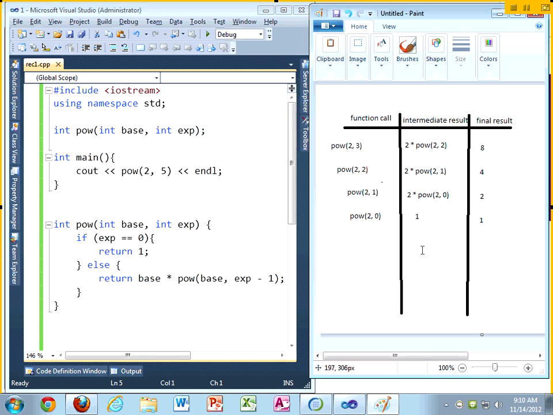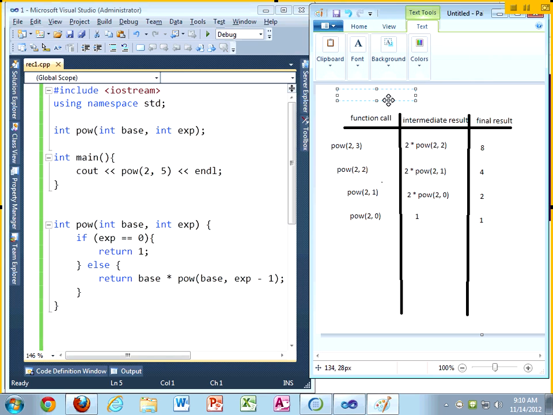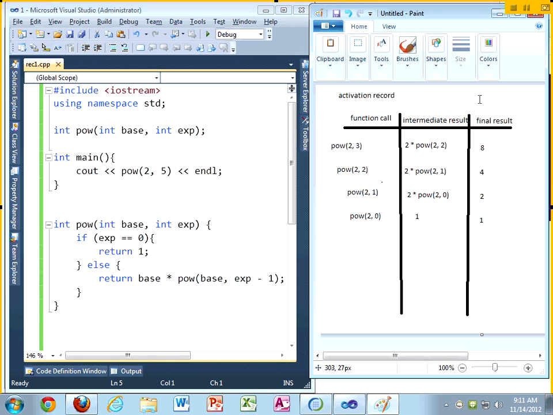Those blocks of memory are called activation records. There's another name for it too, and it's escaping me at the moment. But we can call it an activation record. Frame, stack frame? I can't remember for sure. Anyway, activation record works. All right, so I'm going to get rid of this table.